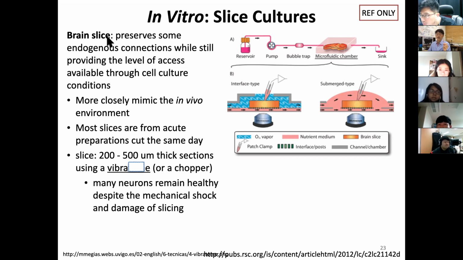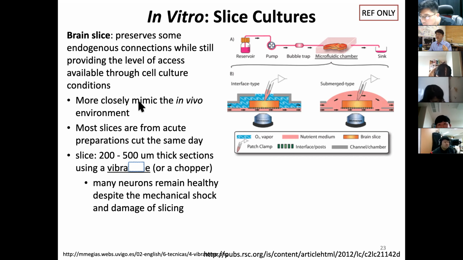So brain slice preserves some endogenous connections. You cut it off, okay? So there's a limit, but luckily you can have some still connected, not like in vitro primary cell culture, okay? While still providing a level of access. The good thing is you have access available through this cell culture condition.